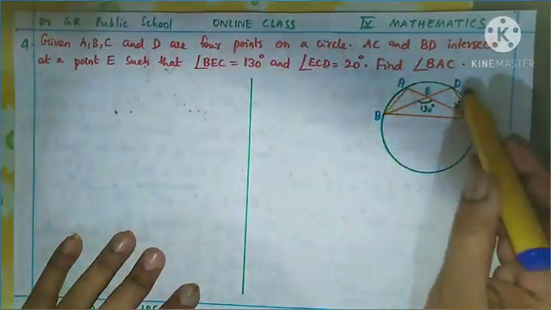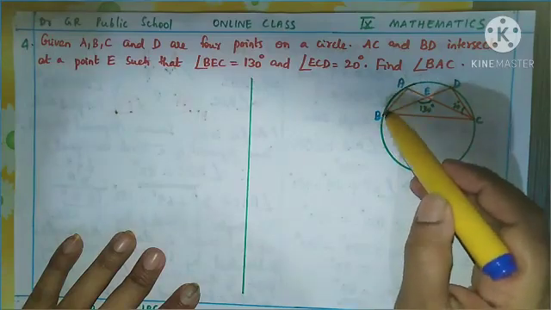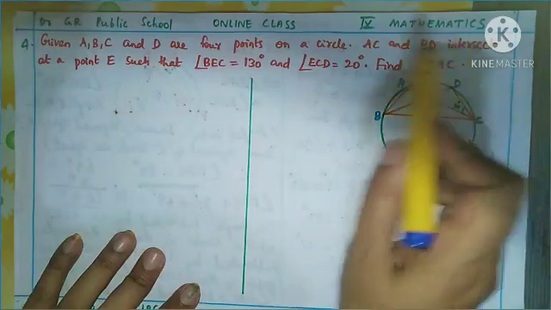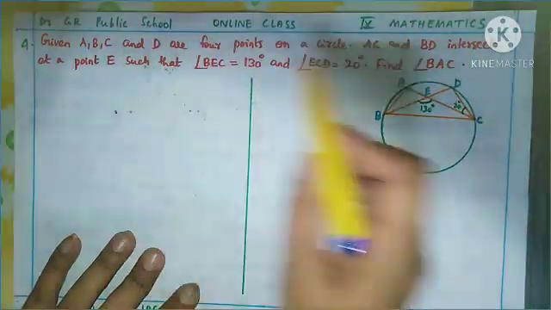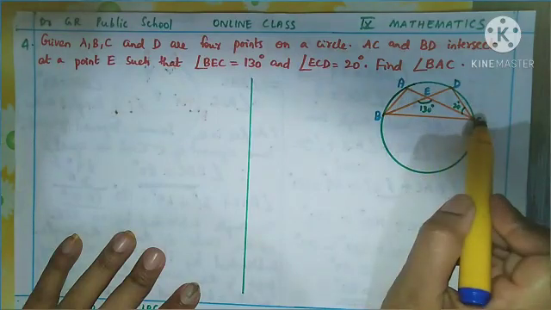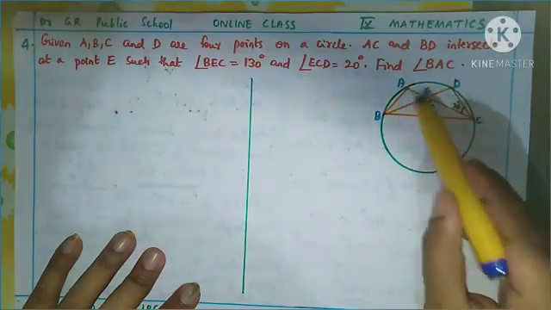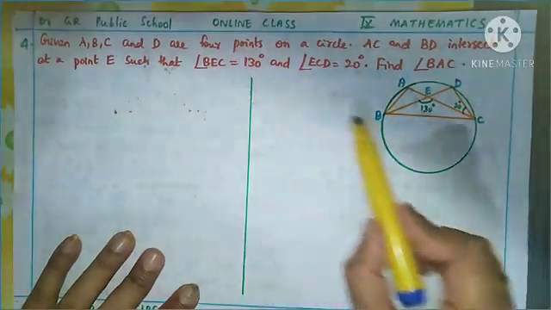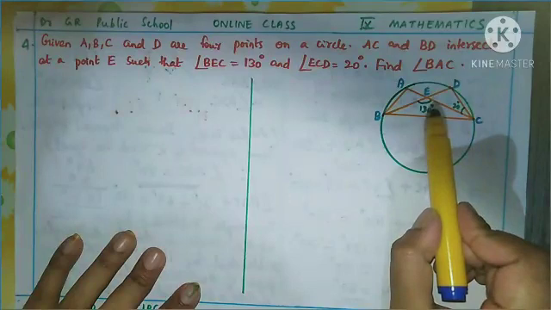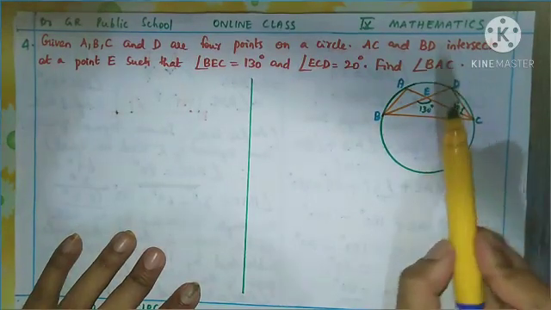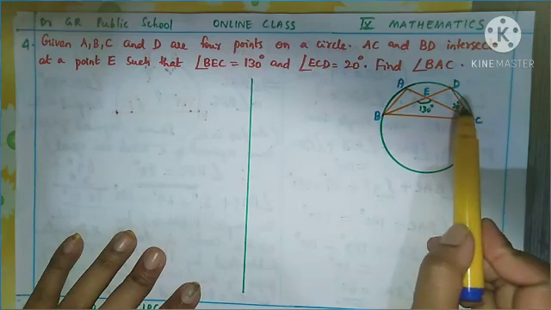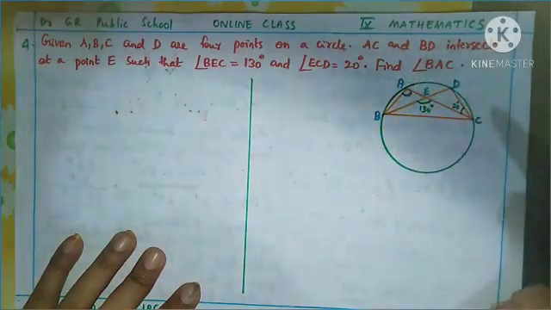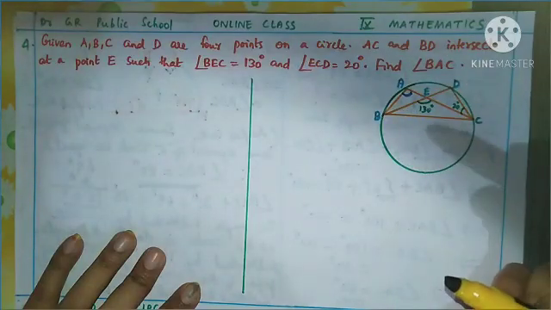AC and BD intersect at a point E. So here the line segments AC and BD are intersecting at a point E such that angle BEC is given 130 degrees and also angle ECD is given 20 degrees. So we need to find out BAC.